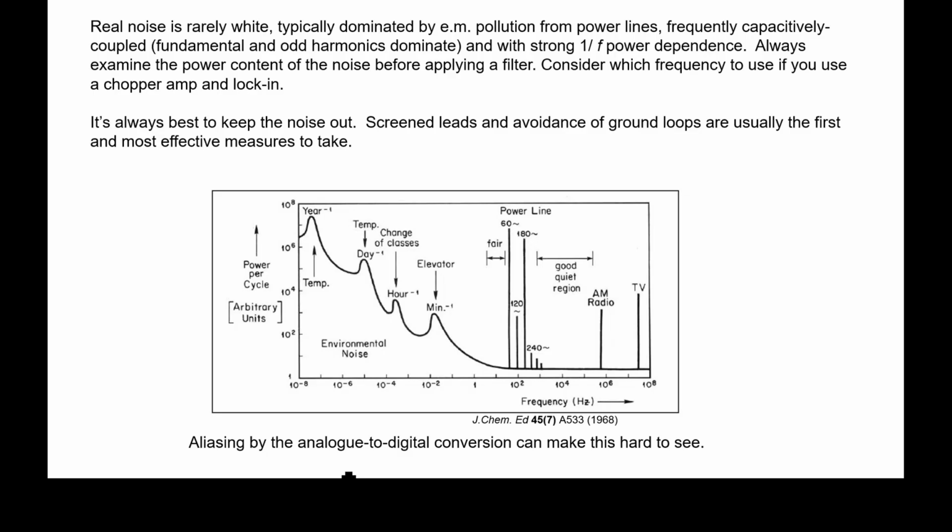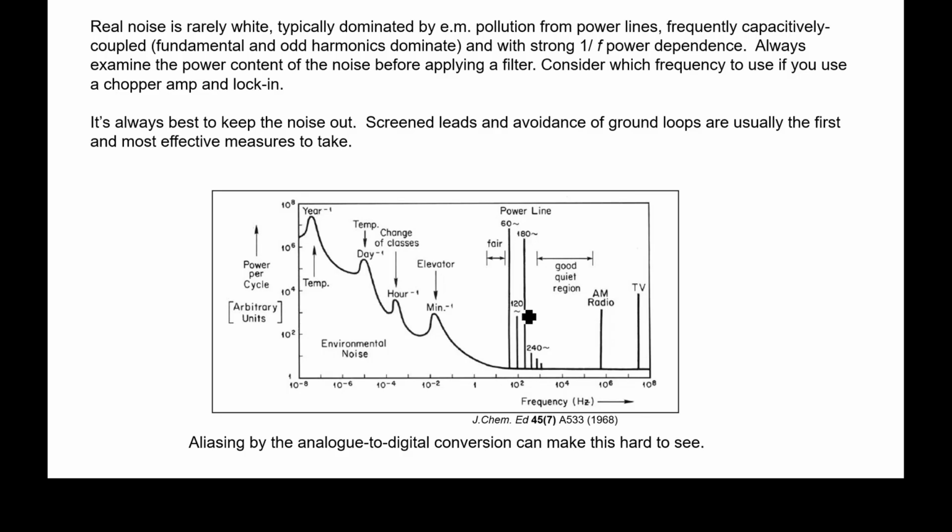And here's a lovely figure from an ancient 50-year-old paper from the Journal of Chemical Education, showing a kind of sketch, schematic of the power spectrum of a typical laboratory. So we see frequency, we see power over the annual cycle as the temperature changes, the daily cycle, the hourly cycle as people move around, every few minutes as somebody uses the lift, because electric motors are a major source of noise. Then they have 60 hertz in the United States, but it would be 50, 100, and 150.